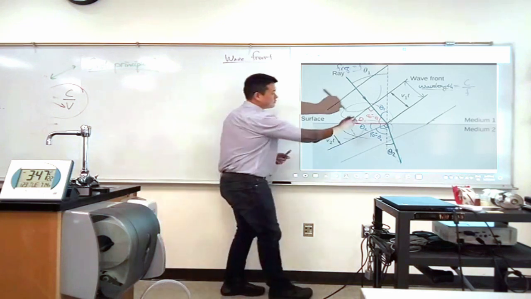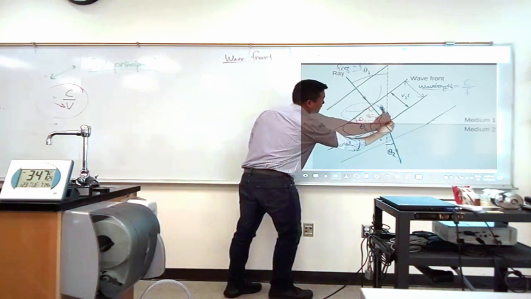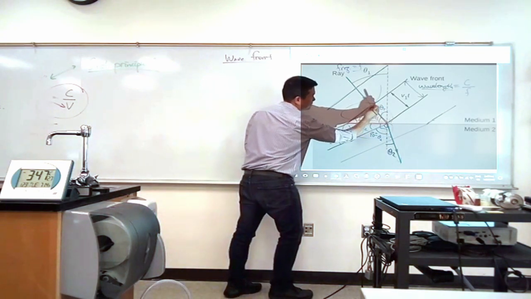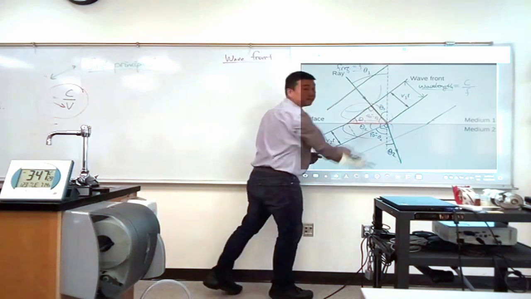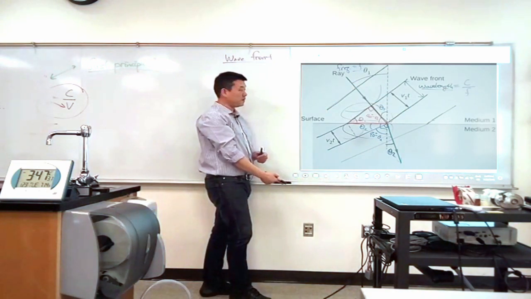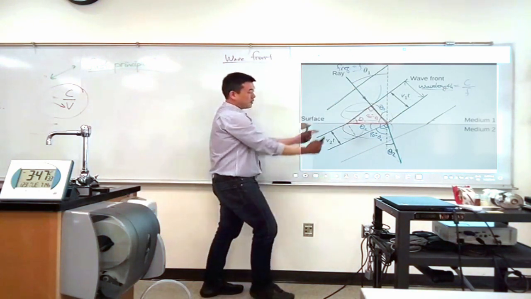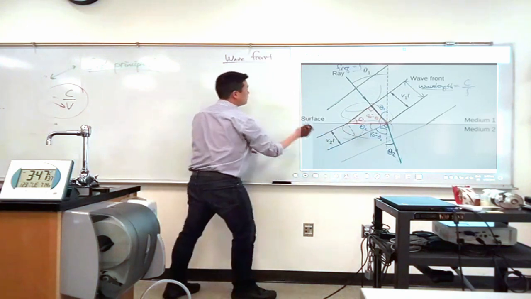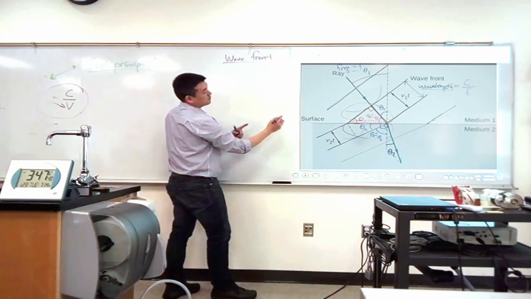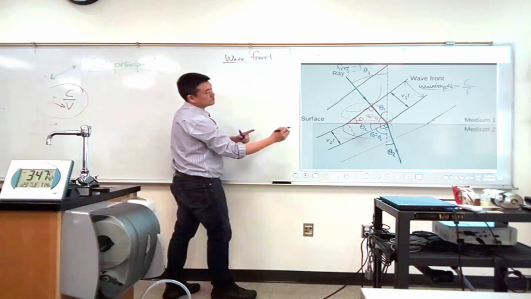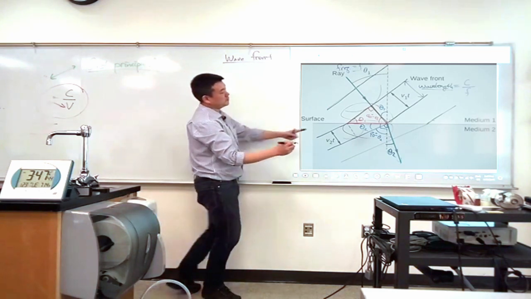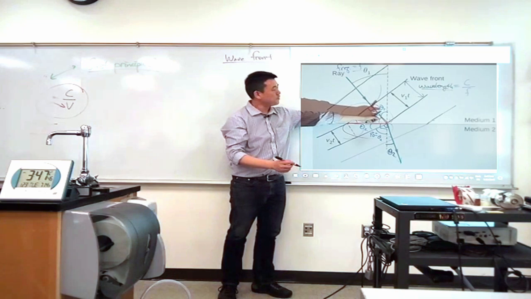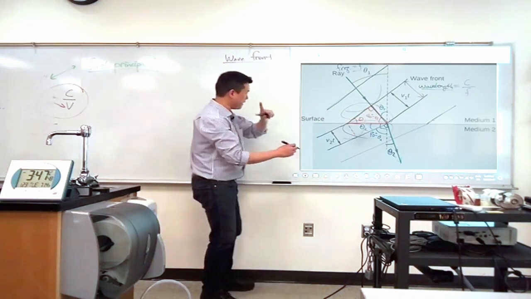So for this right triangle here, I know this leg, that's V1t, and I know one angle here, so I can express the hypotenuse. This is the opposite side over hypotenuse, so let me write it down that way.